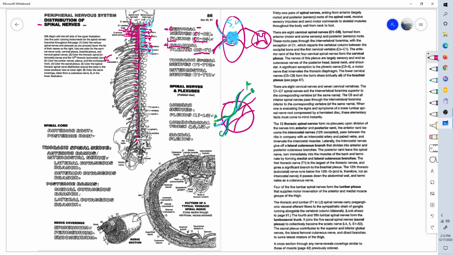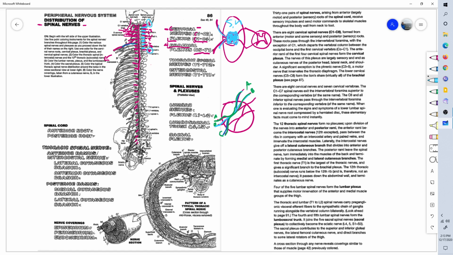You can see in your book it describes it better than the screen here, but you can see how the nerve from C5 starts to branch out here, creating a plexus. There's C5, and I'll bring C6 in, C6 nerve, right?